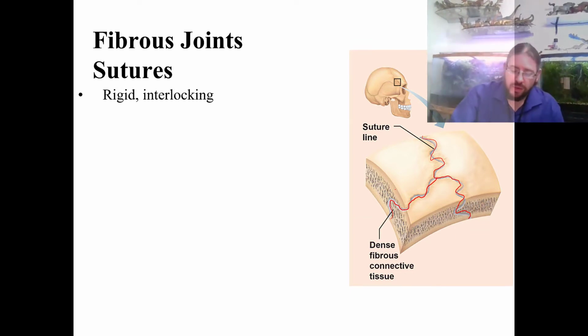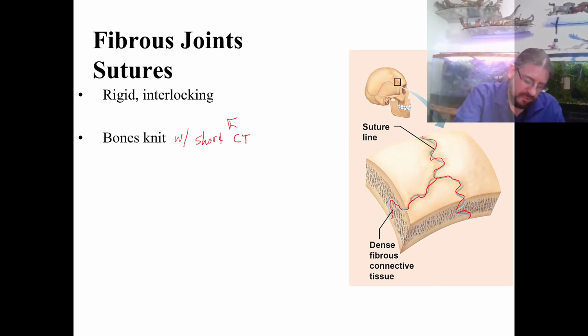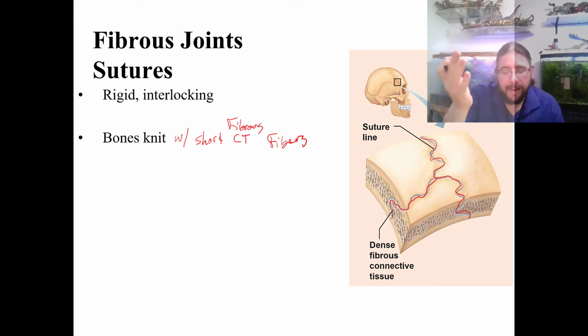And essentially, we have these bones that are knitted together with very short connective tissue fibers. So these continue to seal off generally by middle age.